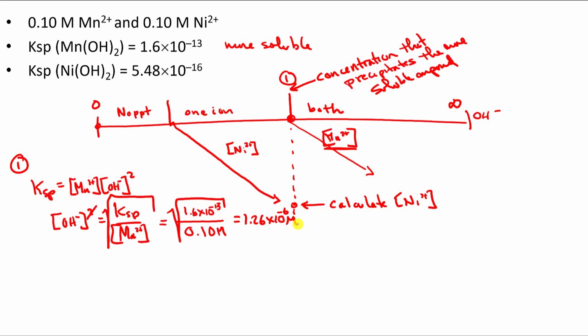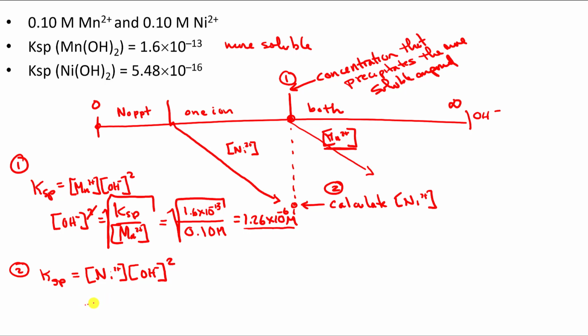And then the next calculation I do is this one. And to do that, I use the hydroxide ion concentration I just calculated. So now what I'll do is I'll say KSP, right, this is calculation number 2, is equal to the concentration of nickel times OH- squared.